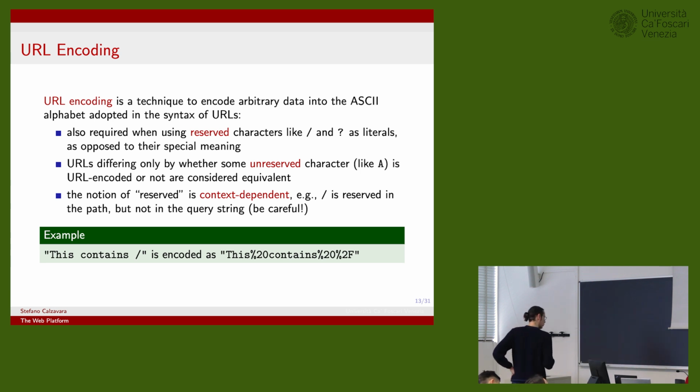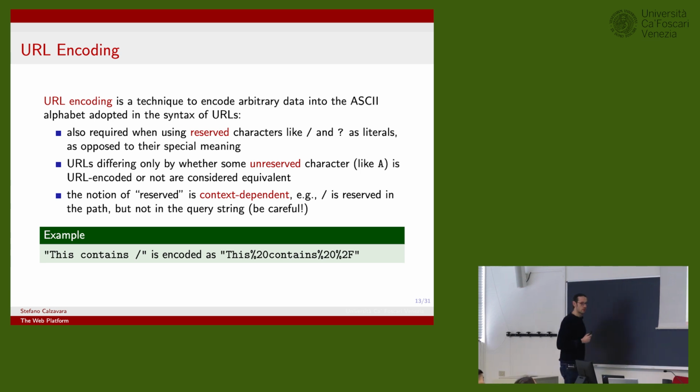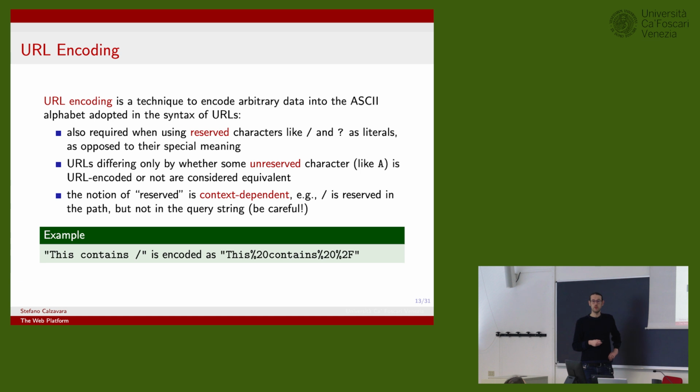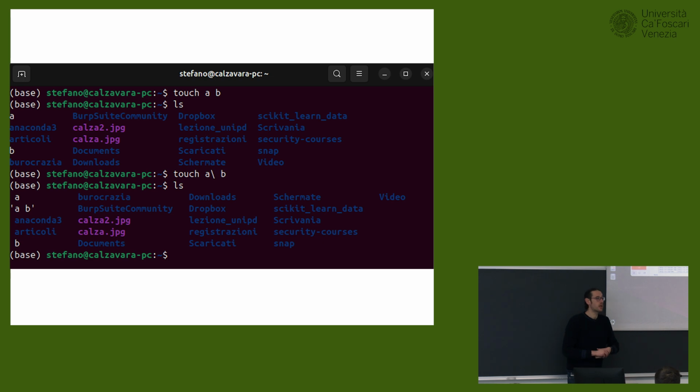This concept is going to be intuitively clear for you, for example, if you use Linux, because when you work with a terminal in Linux, you are similarly forced to encode or escape some special characters. Let me give you an example. Let's assume we are on a terminal, and we want to create a file containing a whitespace character.